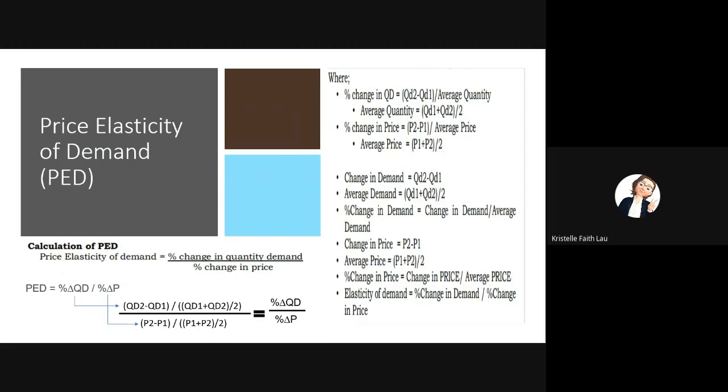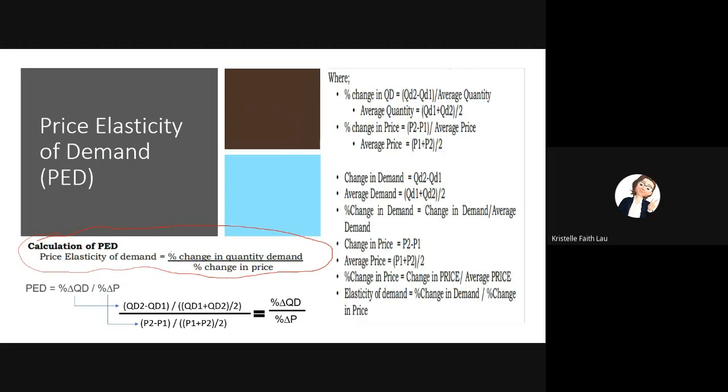Price elasticity of demand equals the percentage change in quantity demanded divided by the percentage change in price.